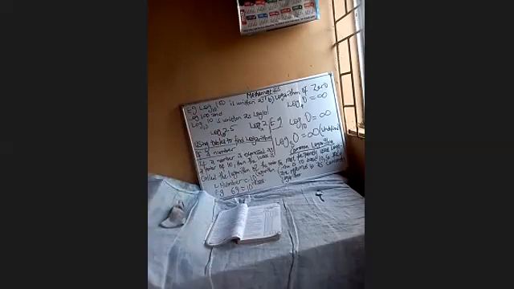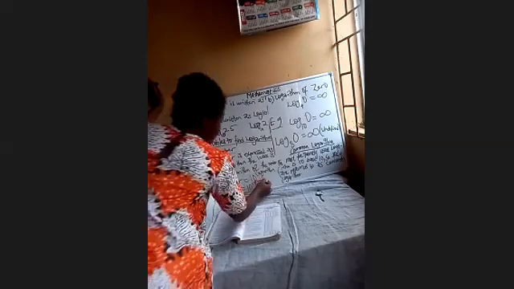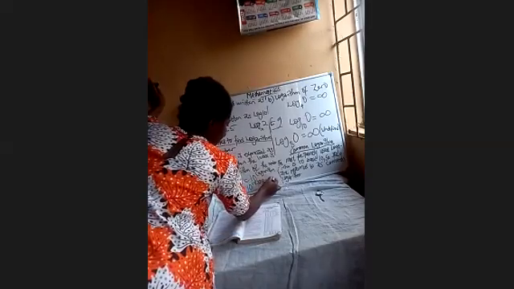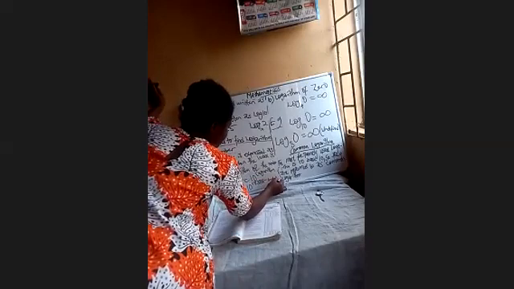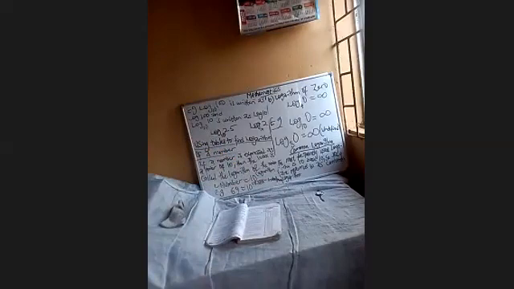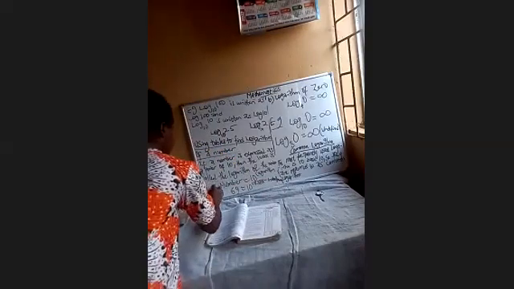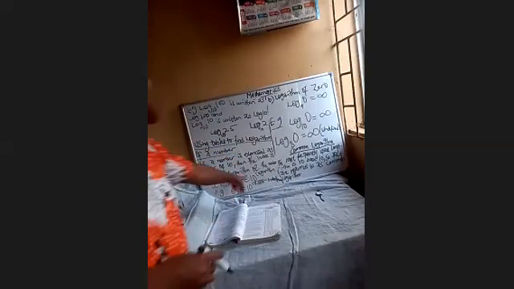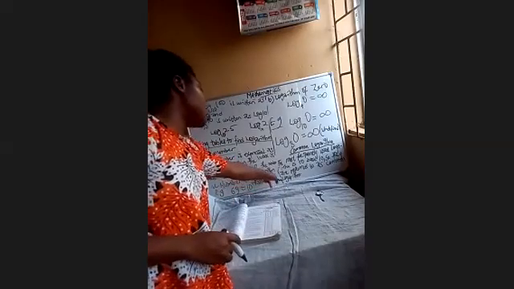Then the index, or power, is called the logarithm of the number. So the number is equal to 10 raised to the power of the logarithm.